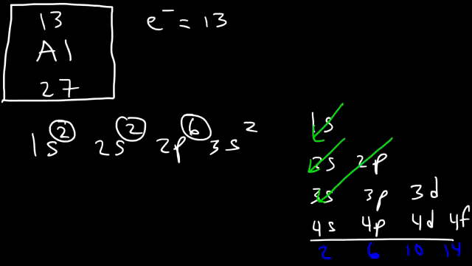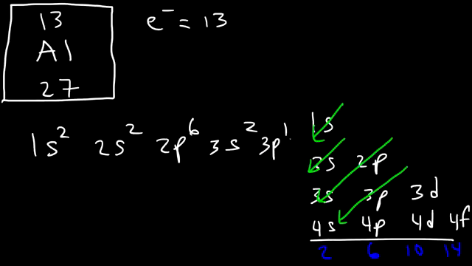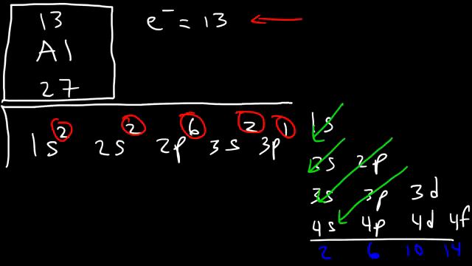We only need 1 more. So after 3s, we move on to 3p. We don't need to go up to 3p6. We only need 1 more, so we're going to stop at 3p1. If you add 2 plus 2 plus 6 plus 2 plus 1, that gives you a total of 13. So this is the ground state electron configuration of an atom of aluminum.